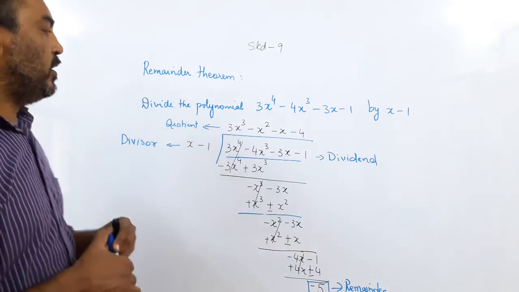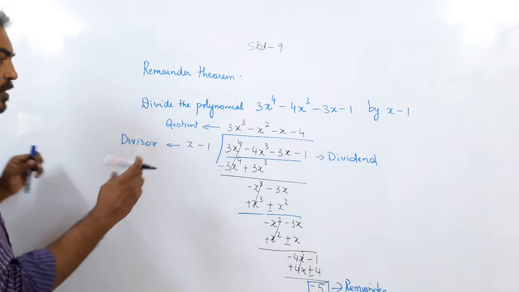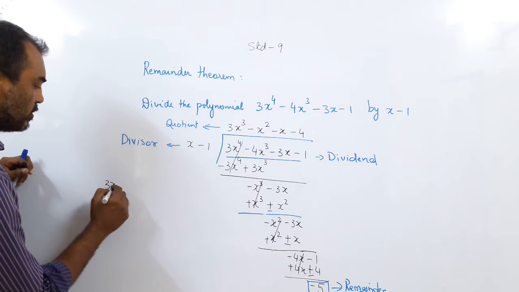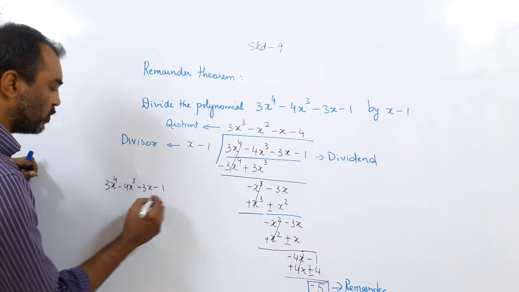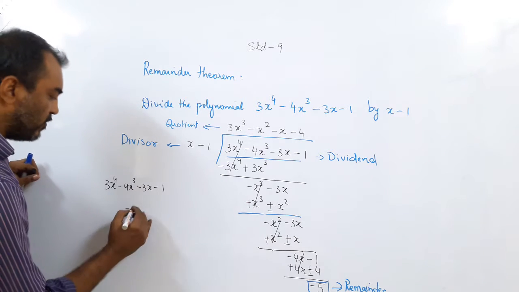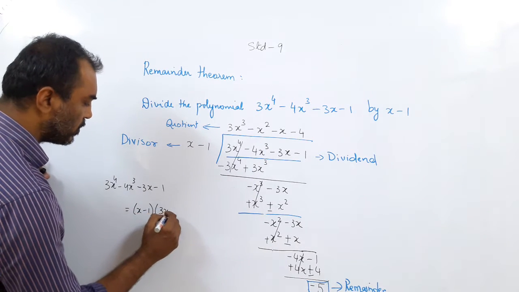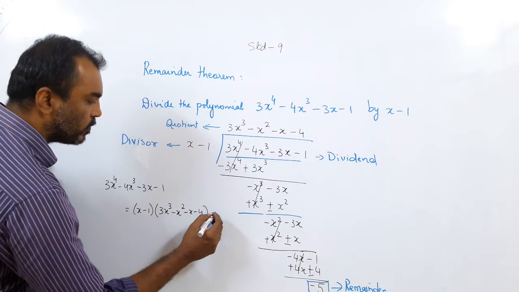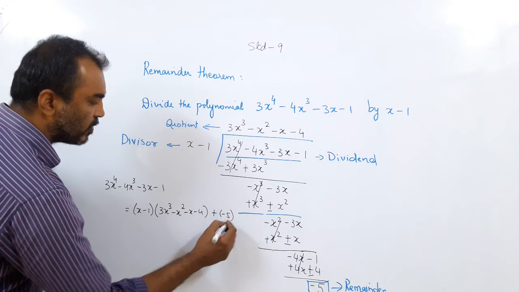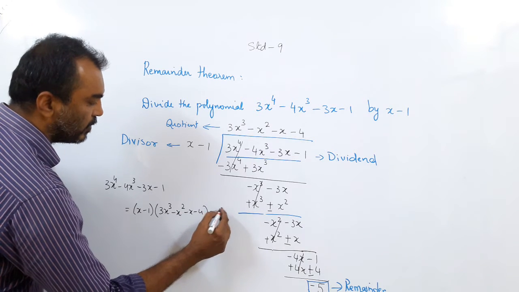We write dividend equal to divisor into quotient plus remainder. Dividend 3x raised to 4 minus 4x cube minus 3x minus 1 equals divisor x minus 1 into quotient 3x cube minus x square minus x minus 4, plus remainder, which is minus 5. Or you can directly write plus into minus as minus 5.